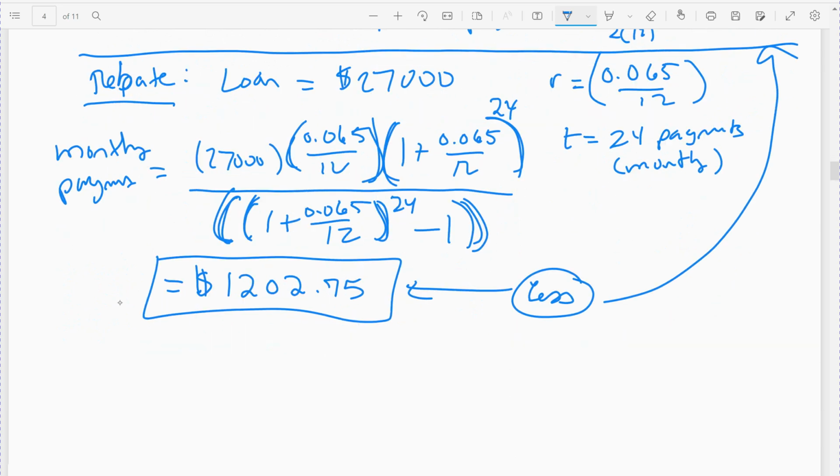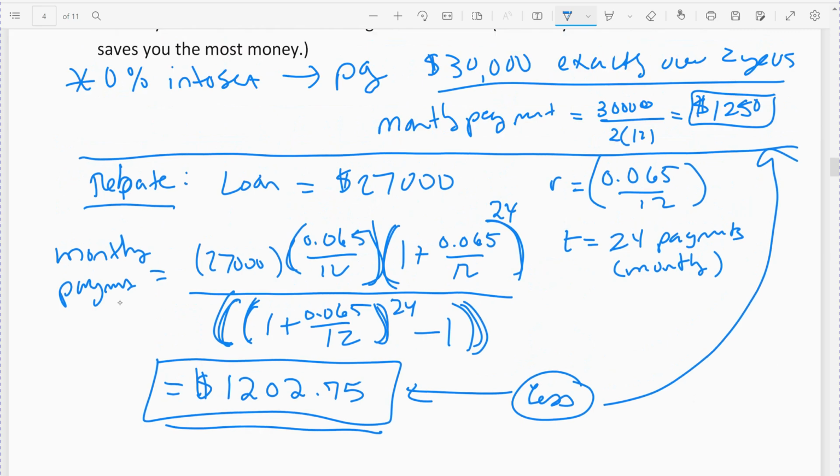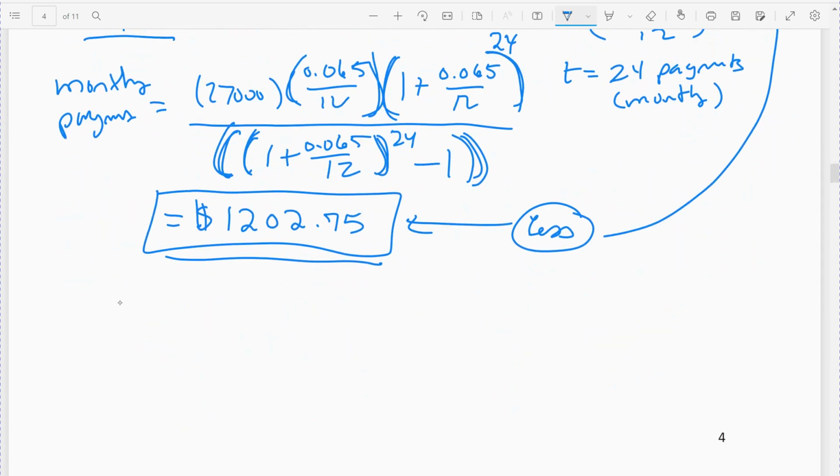At this point, you should realize that either way, you're making a payment 24 times. With the rebate, you're making a payment of $1,202. In the zero finance, it's a slightly bigger payment. It's not huge, but it is about a $50 difference.